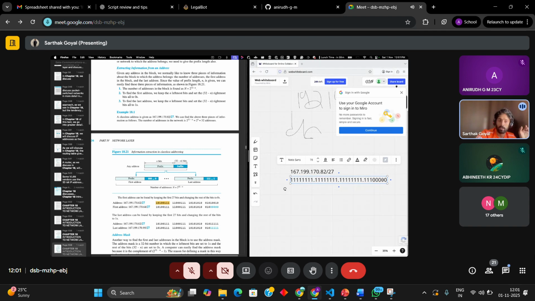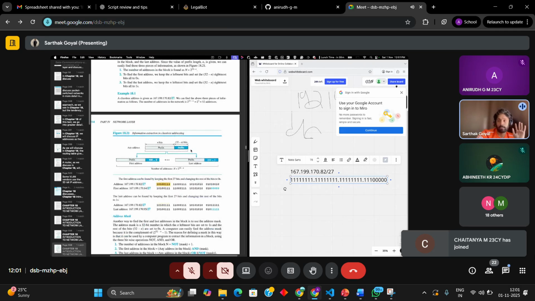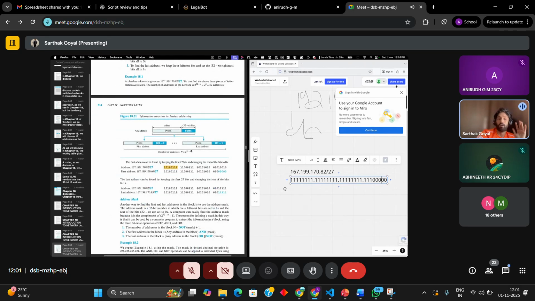The host can change. So these last 5 bits will change to zeros, and for the last address, they will change to ones. This is how you calculate the first address and last address, and this is how you get to know which subnet this is. Now you have an idea of what we mean by subnetting.